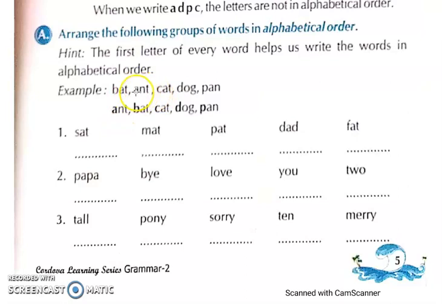Then which alphabet is in the order which can come after A? B. Then we will write bat. After B, which alphabet is there in the order? C. So we will write cat. Likewise, after C, it is D. So we will write dog.